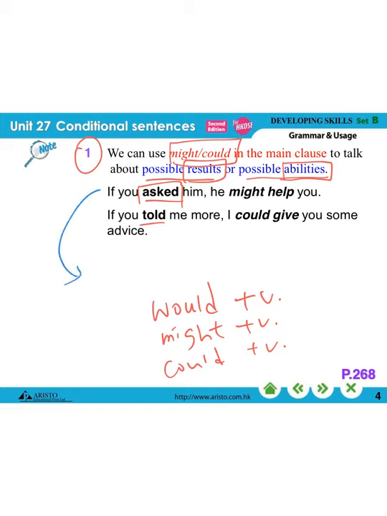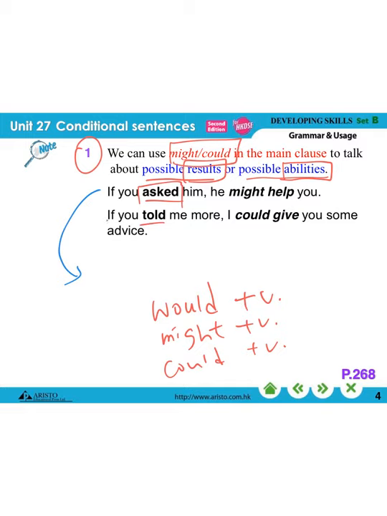Just like the first one, if you asked him, he might help you, which means you don't plan to ask him. So this is the real situation. I don't plan to ask him, and if I don't plan to ask him, how can he give me any answer? That's why, for this imaginary situation, if you asked him, he might help you.